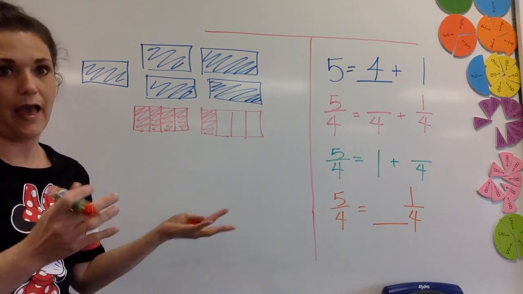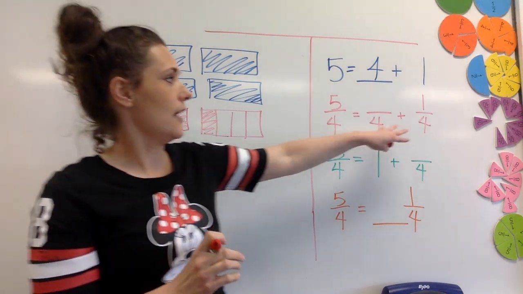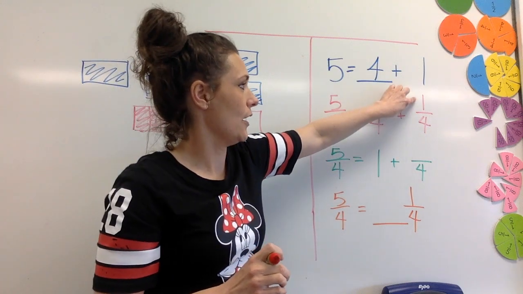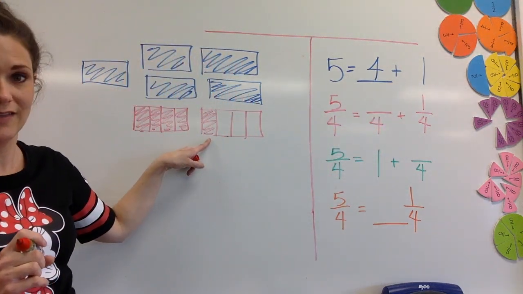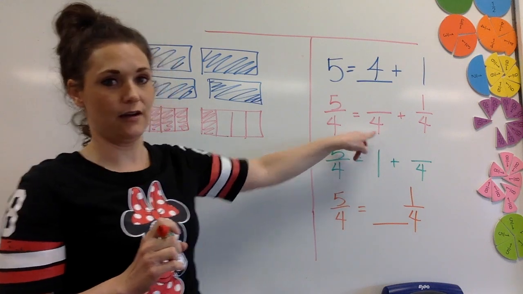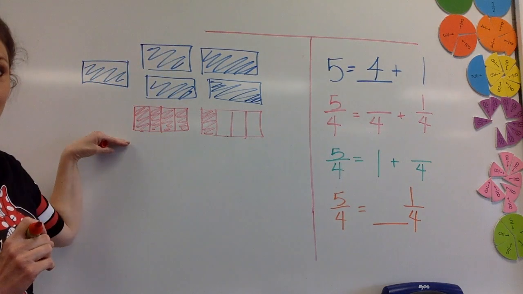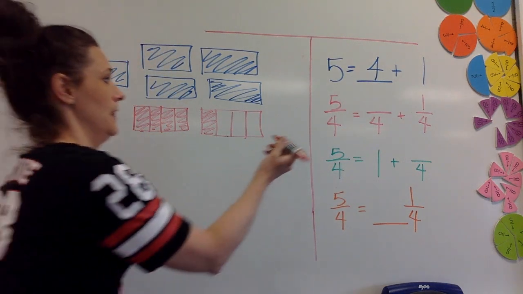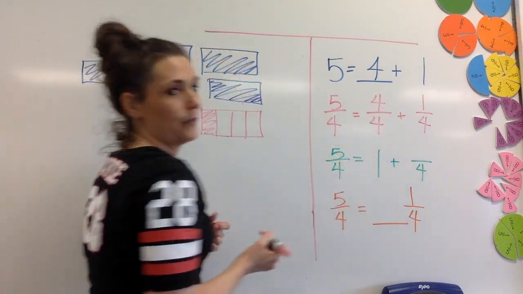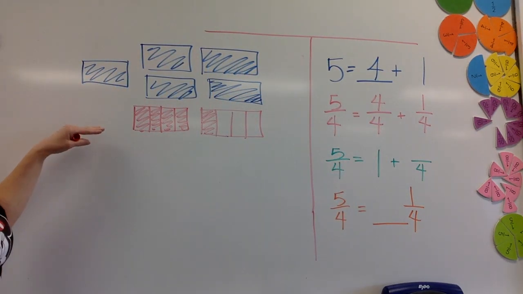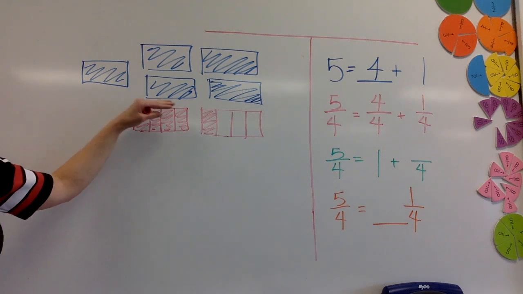Now I have 5/4. So if I look at this, it's saying, okay, if you have 1/4, that's kind of like this. What do you have here? Well, we have 4/4, or all of them filled in, making that kind of our whole number there.